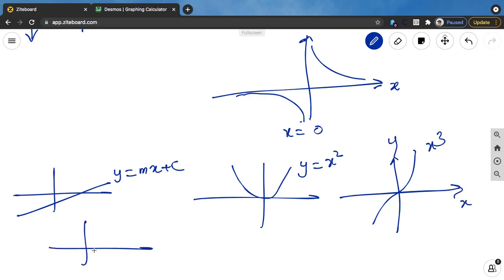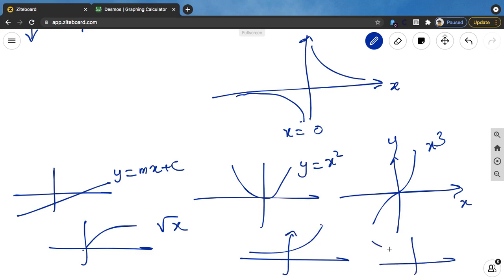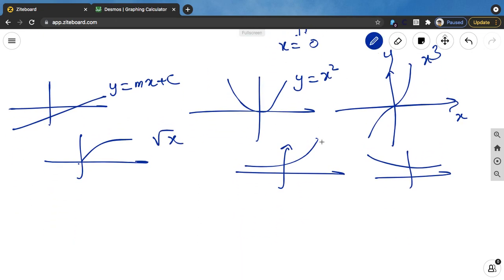You have the square root function, the exponential growth or exponential decay. So I'm looking at it as e raised to x or e raised to minus x.